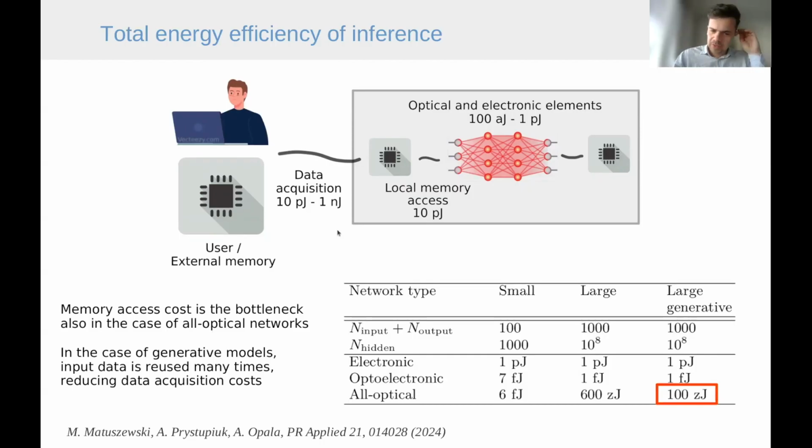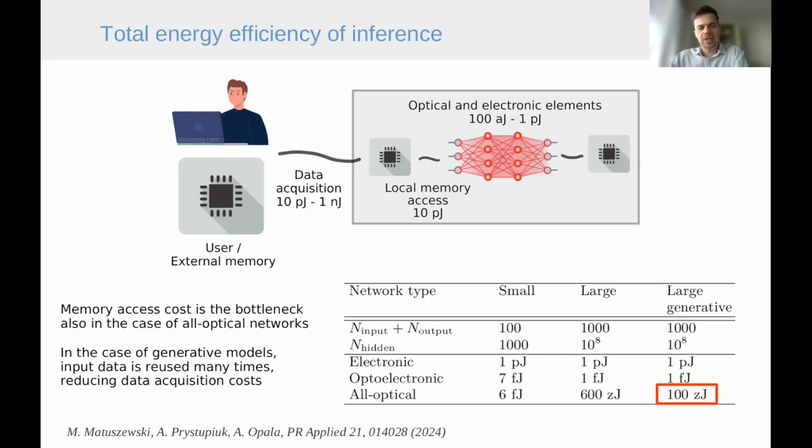So we investigated this problem in detail, and we took into account all possible sources of energy loss, which is related to data acquisition, for example, either from a user by using the internet connection or taken from external memory, access to local memory within the device, which is already lower, and the cost of optical and electronic elements in the actual network.